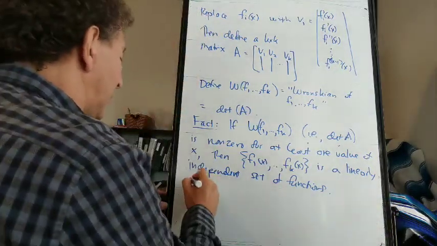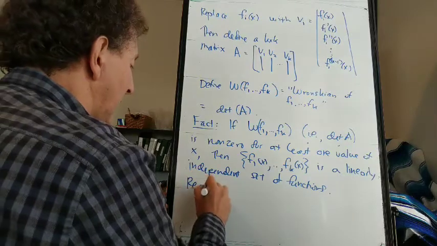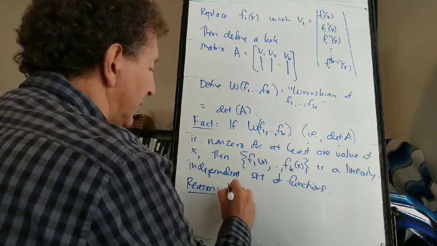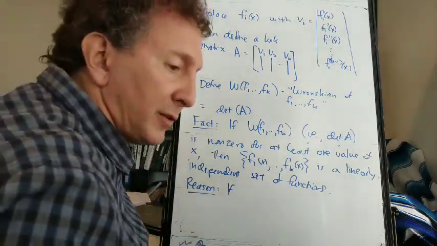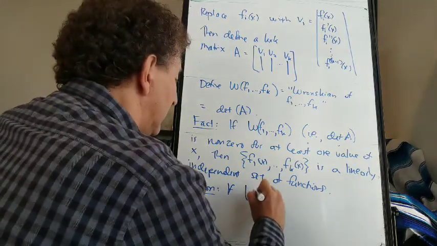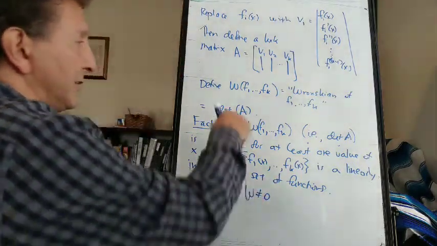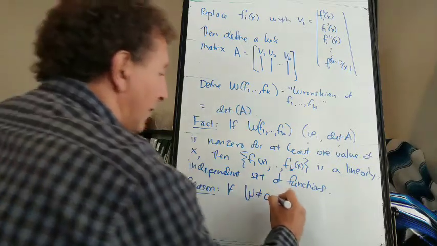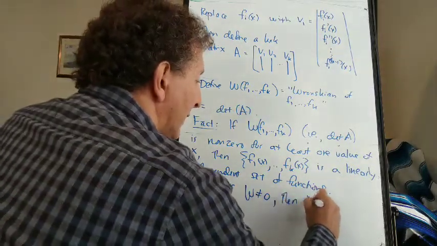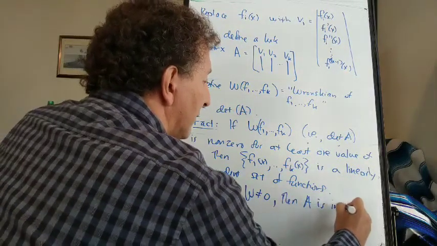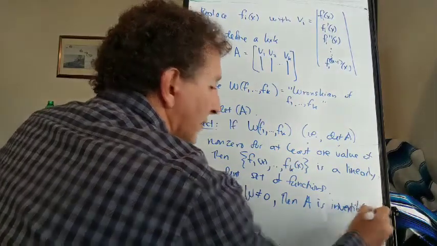And the reason that works is, so if W is not 0, that is, determinant of A is not 0, then A is invertible.